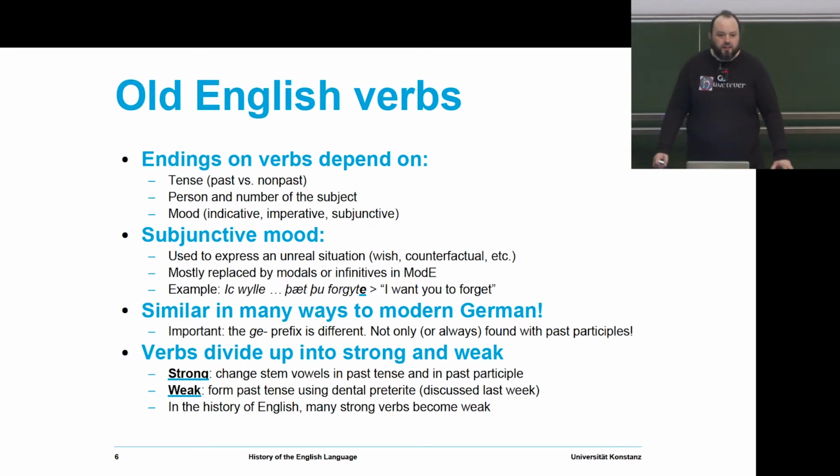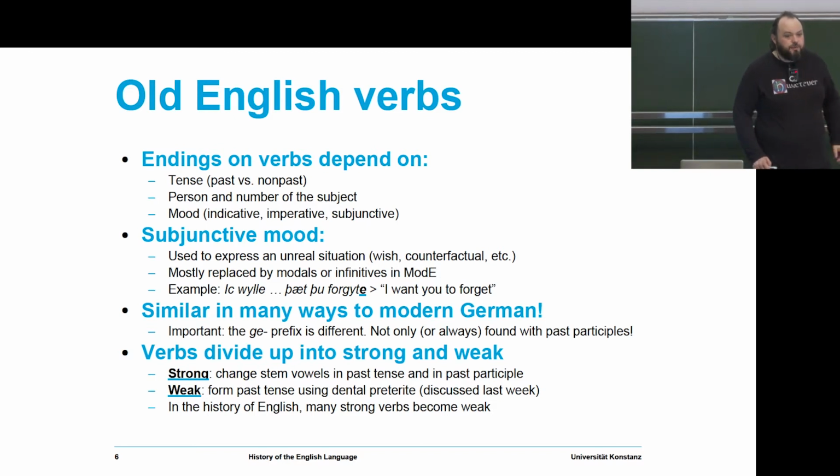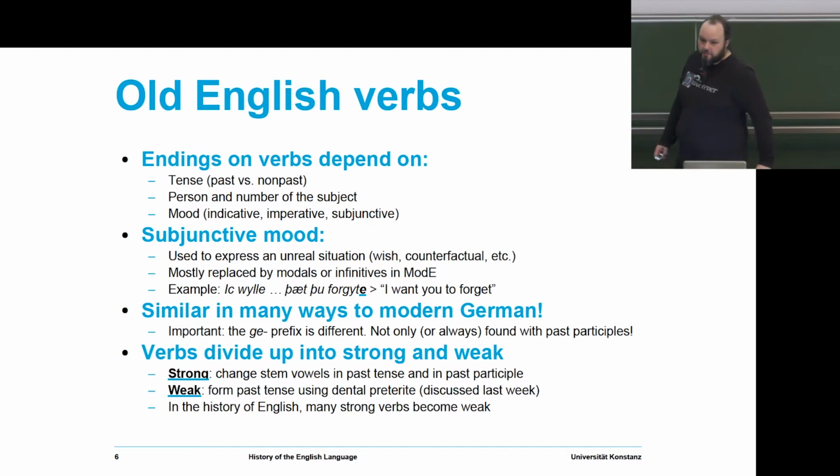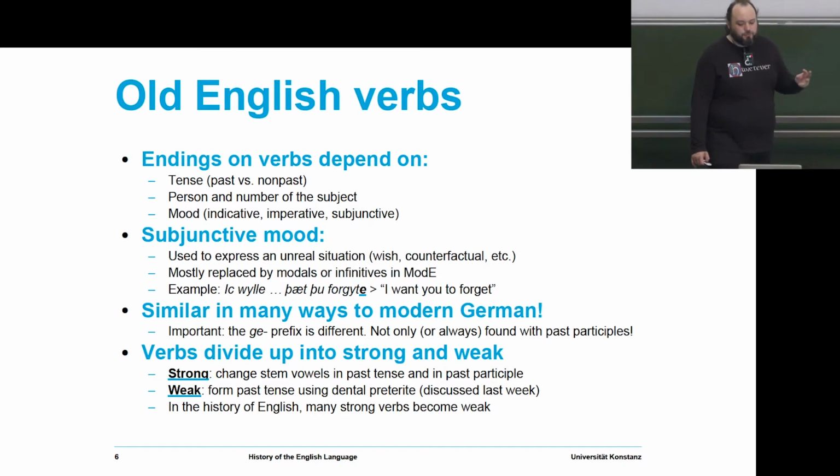So there was a segment on that when we were talking about grammatical change in Proto-Germanic. So this dental preterite, as in things like played, spielte, and so on, that we find in all of the Germanic languages, this is what it means to be a weak verb. It means that you form your past tense with this dental preterite.